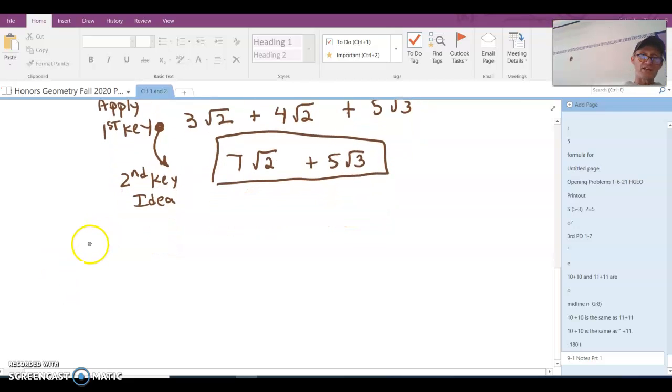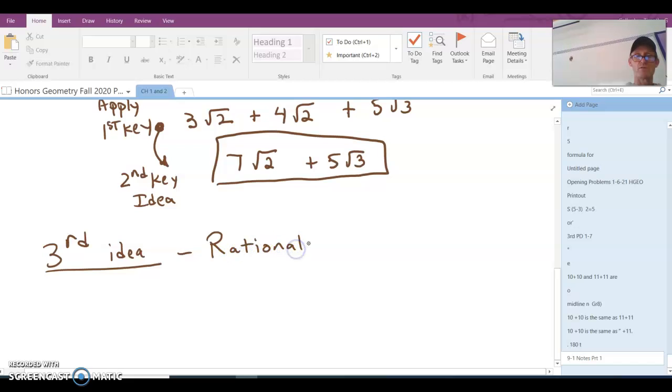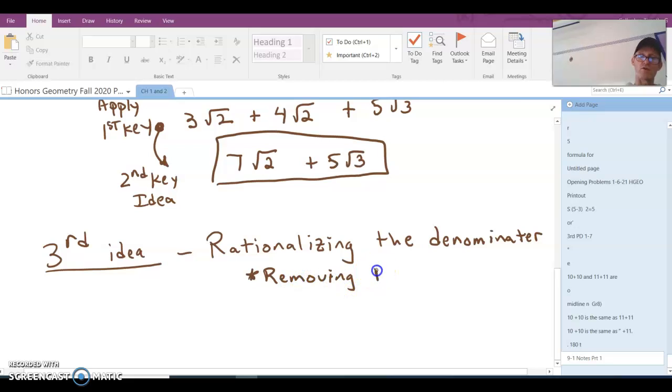Okay, the third key idea here, we call this rationalizing the denominator, which is removing the radical from the denominator if there is one.